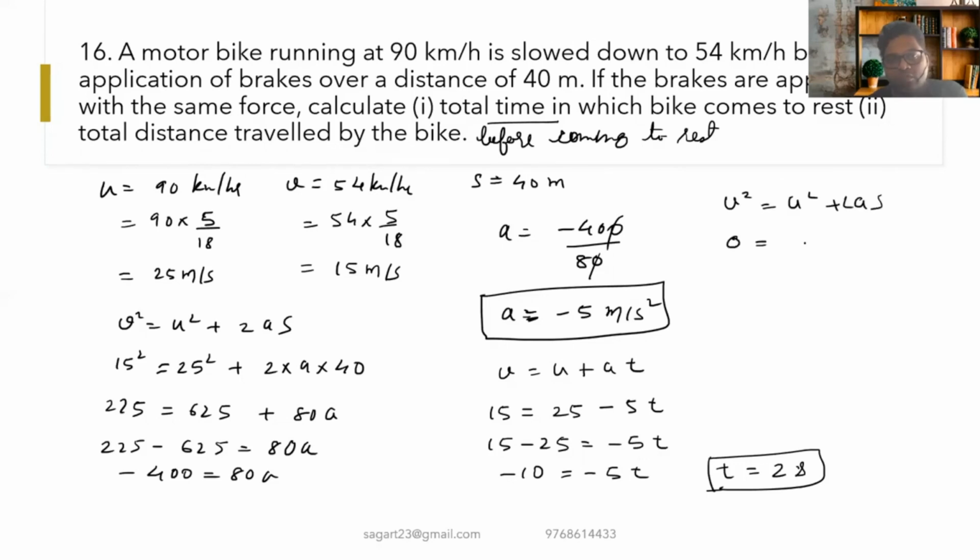So this is 0, and the initial velocity is 25, and we have 2 into 5 into s. Okay, so therefore we have 0 equals 625 minus 10s. So 10s is equal to 625. s is 62.5.